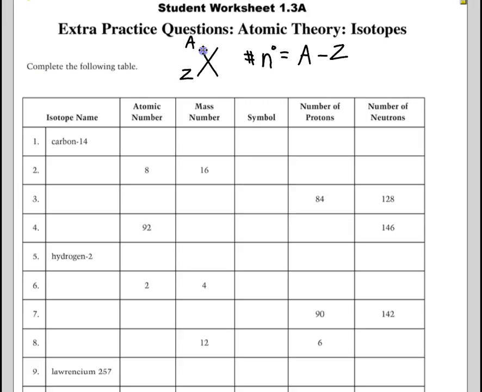So if we had, for example, carbon 14, it has 14 heavy particles, so its mass number is 14. Carbon is element number 6, so its atomic number has to be 6. The symbol in standard atomic notation would be C-14 with 6 at the bottom, and the number of protons is the atomic number, which is 6. The number of neutrons would be 8. Okay, so we'll work through that in class tomorrow.